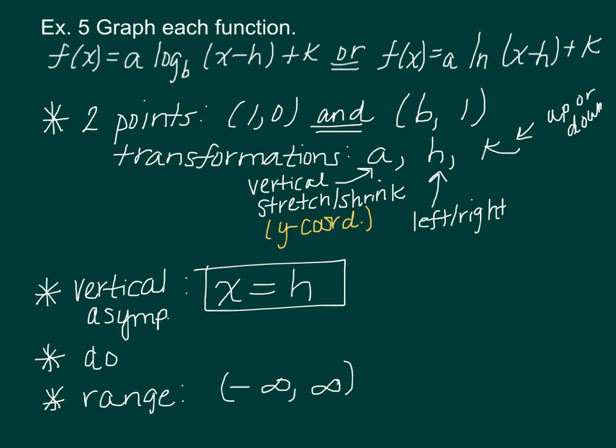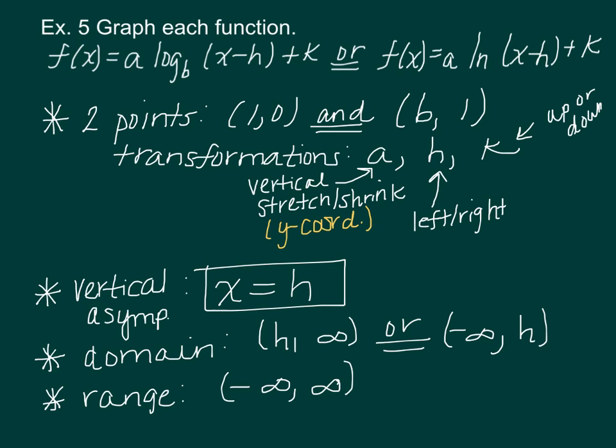And now your domain, because you have a vertical asymptote, will be either H to infinity, so if it's on the right side of the graph, or it could be negative infinity to H. And your graphs now, since they have a vertical asymptote, are going to curve downward like this.